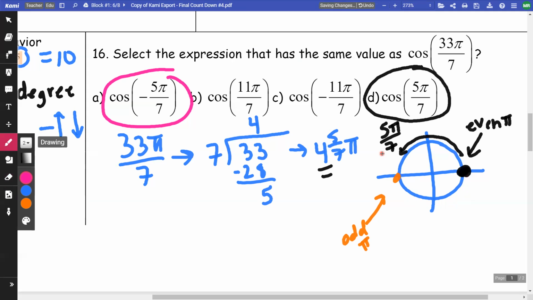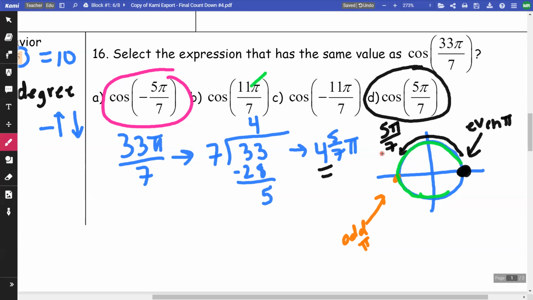Then if I'm looking at my 11 pi 7ths, this would be 7 pi 7ths, and 11 pi 7ths is going to end up being 4/7 beyond where I normally would be, which is going to be over here in this quadrant.